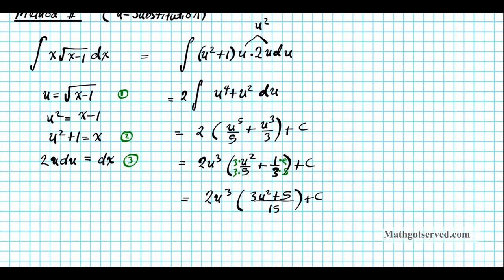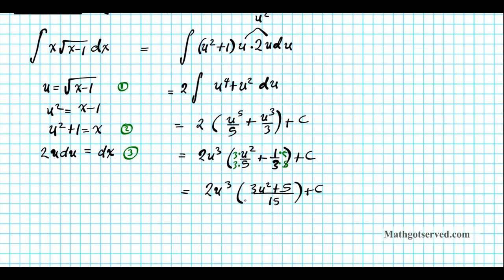Alright? And we can also factor out this 15, so we're going to have 2 over 15, u to the 3rd times (3u squared plus 5).